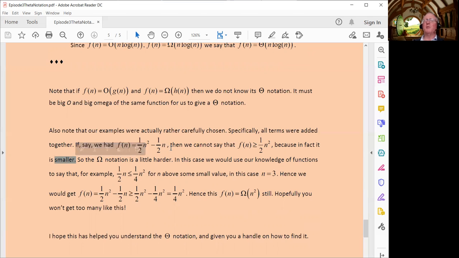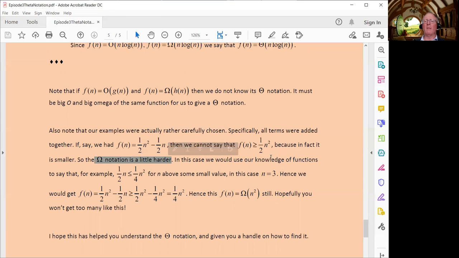If I stop subtracting a positive number from a half n squared, I've actually made it bigger. So the omega notation is a little harder. It's definitely smaller than a half n squared, so the big O notation is easy, but the big omega notation is a bit harder.